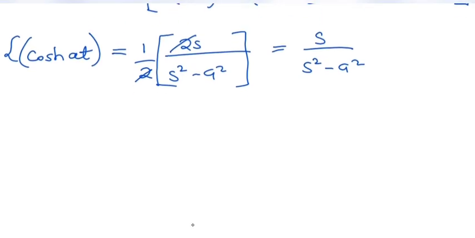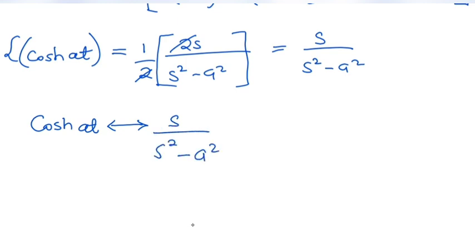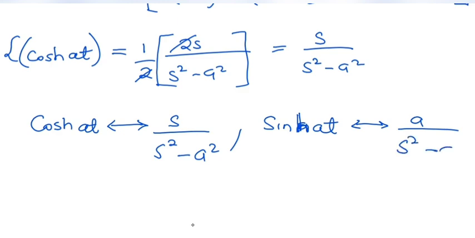So this clearly shows us that the Laplace transform of cosh at is s over s squared minus a squared, and that of sinh at will give us a over s squared minus a squared.